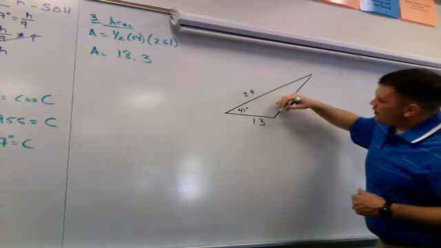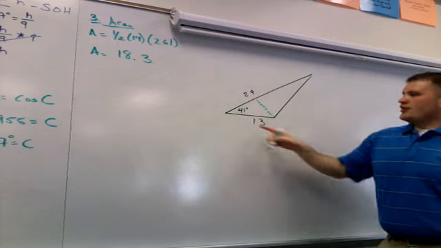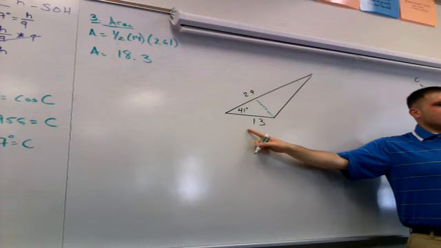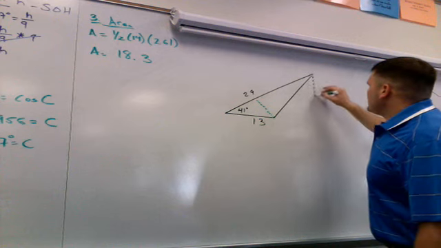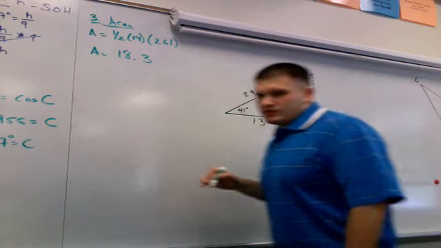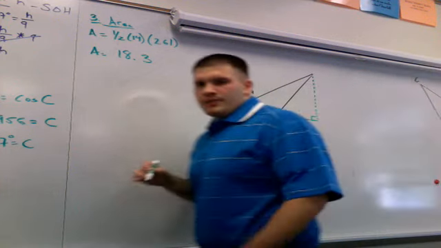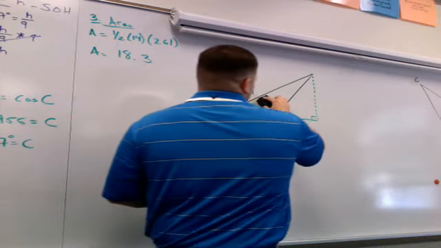There's two possible locations for our height. We can draw one right here, where 13 would be my hypotenuse. Or we could draw right here, where what's your hypotenuse now? 29. Either one of those will work. How many is the one outside the triangle?